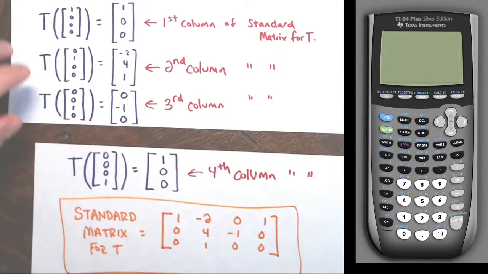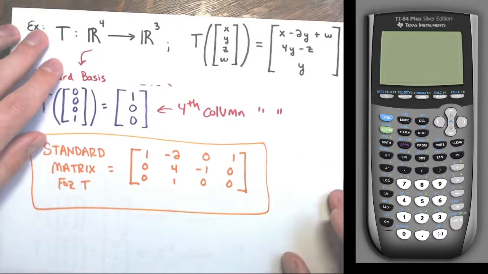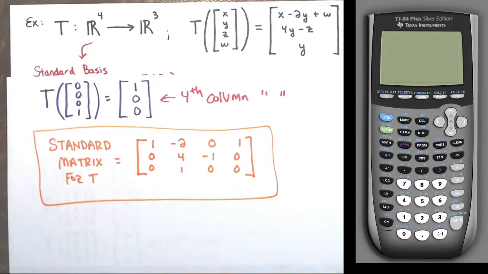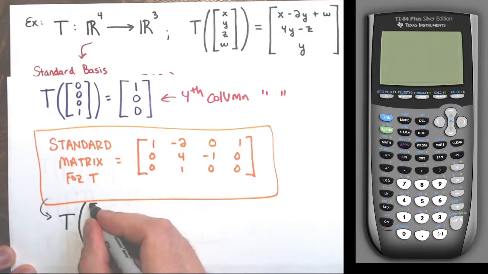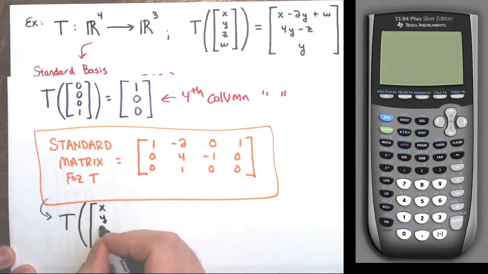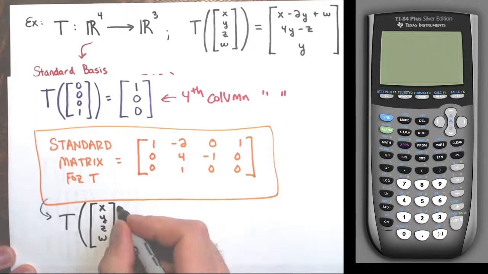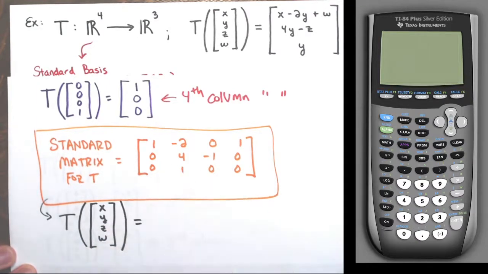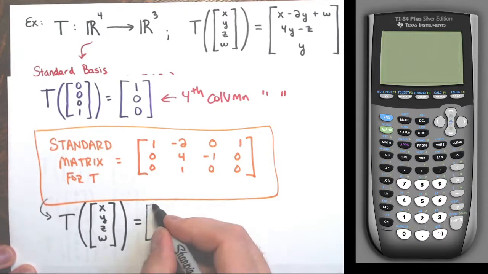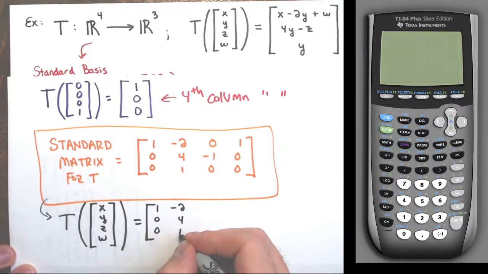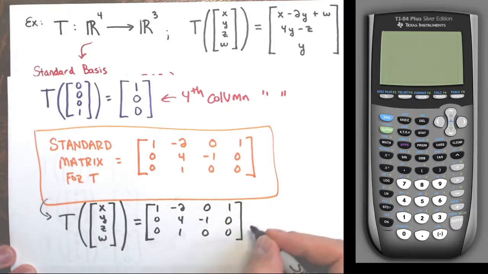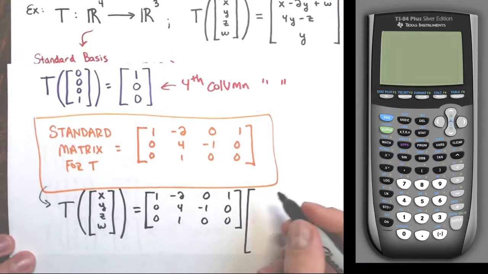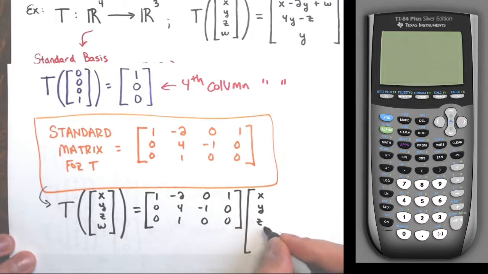And then we could go back and also write a different way to find the outputs. We could also write that T of x, y, z, w is equal to this standard matrix multiplied by the input vector x, y, z, w.